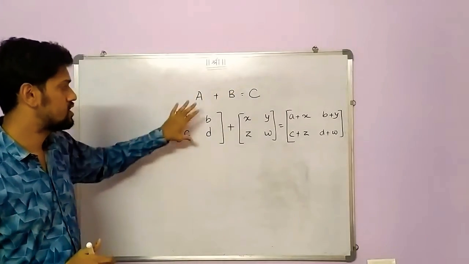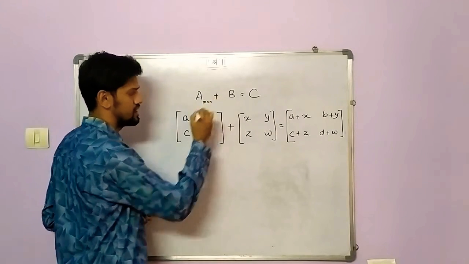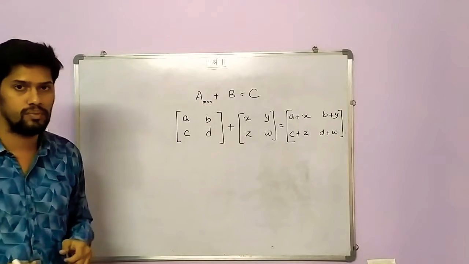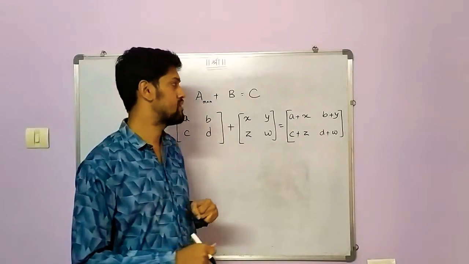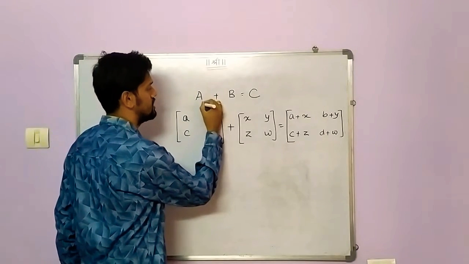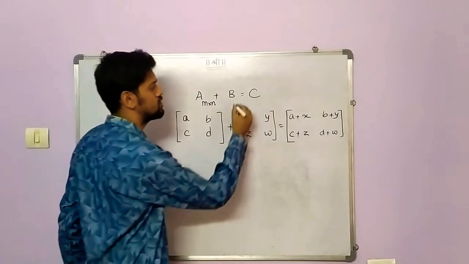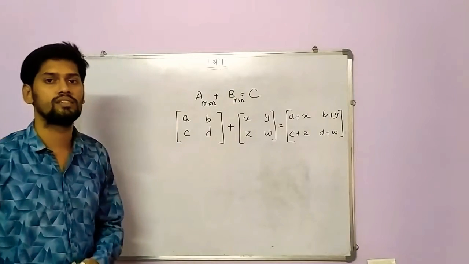Please note that the order of a matrix is m by n. Right now it is 2 by 2, a square matrix. You can perform addition on a rectangular matrix as well. So if matrix A is of order m by n, matrix B should also have m by n as its order.